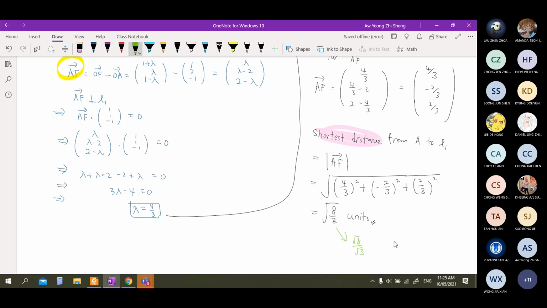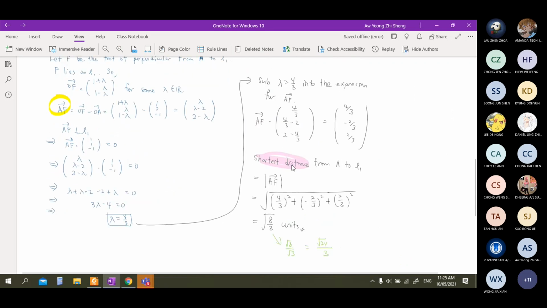It means the same, which is also the same as surd of 24 divided by 3. They are all equivalent. And that's it for example 14.